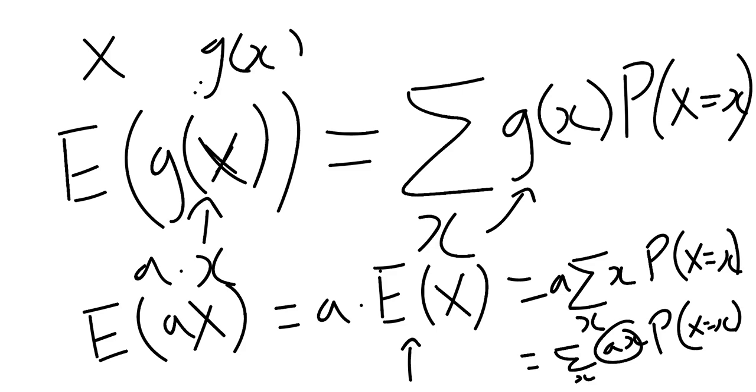And this is, again, g of x. This is just one example, but this is a cool property of expectation as well.